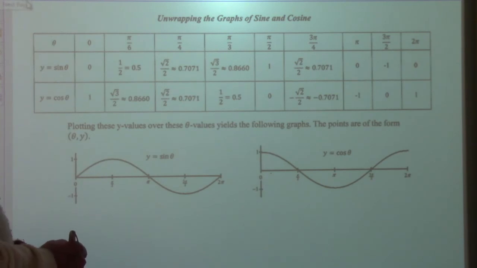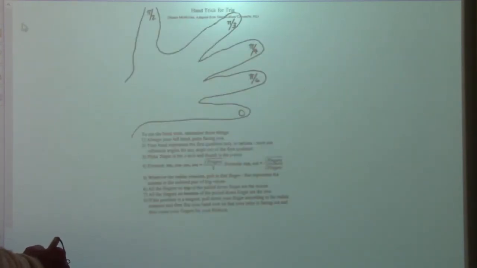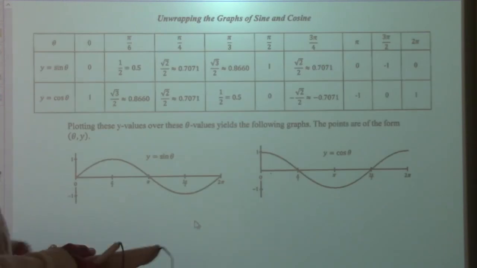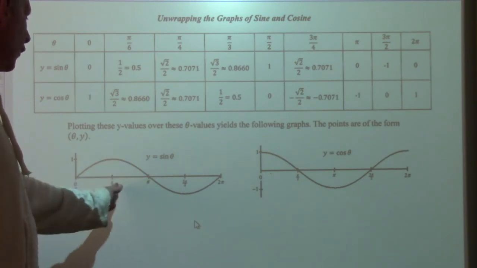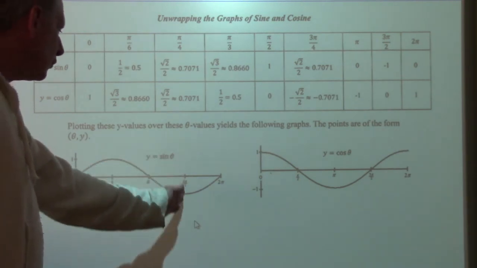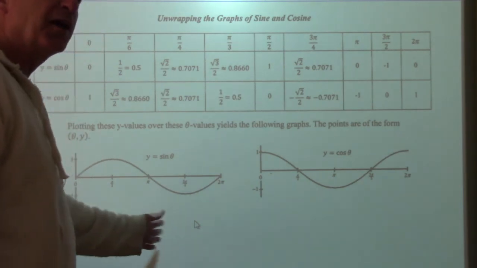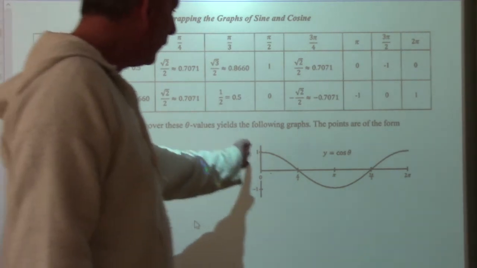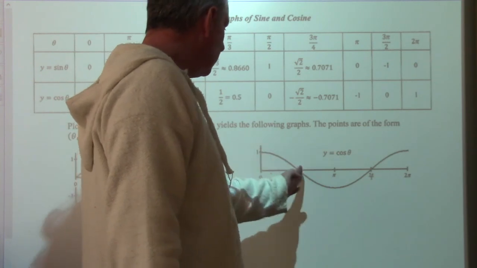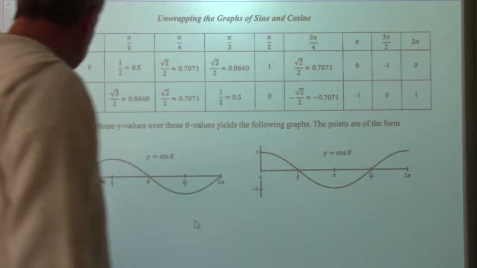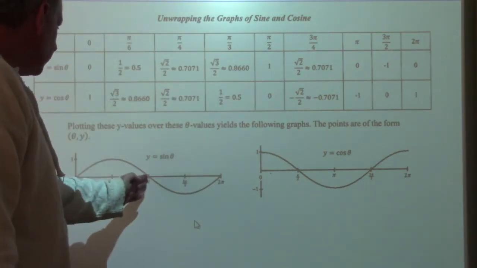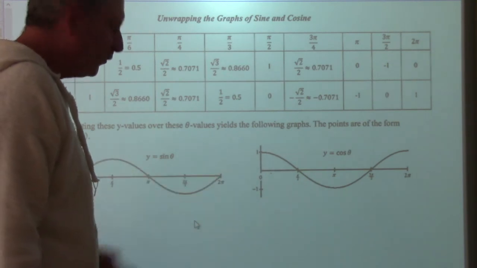Another thing that makes your life easier: when it comes to sine and cosine, the multiples of pi over 2 will just give you 0, 1, or negative 1. That's all they give you. Cosines will be 1, 0, negative 1, 0, 1, and sines will be 0, 1, 0, negative 1, 0.